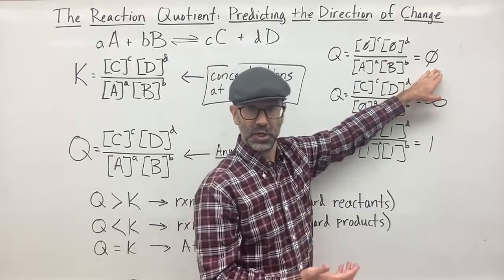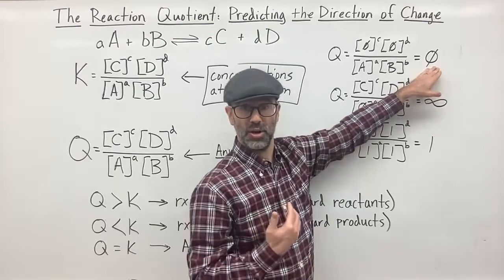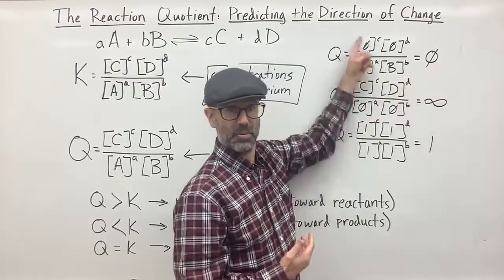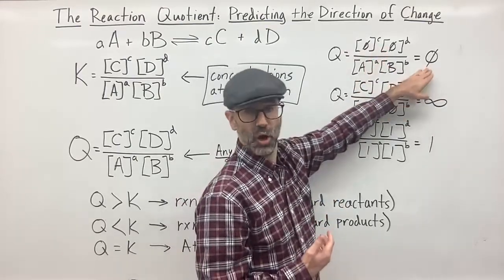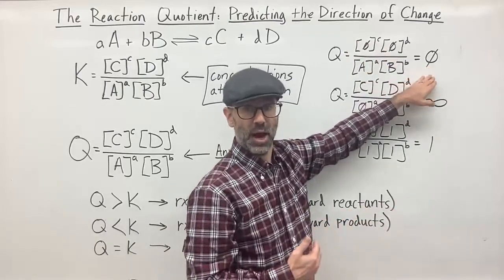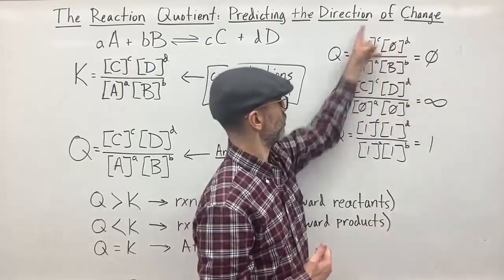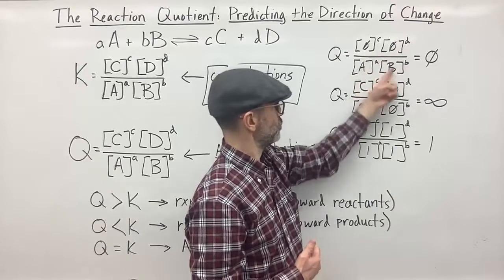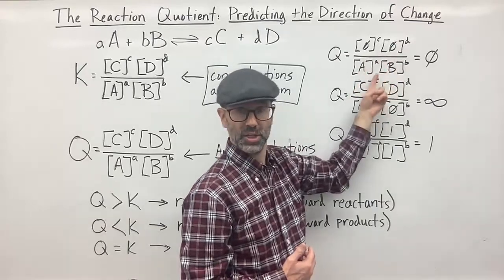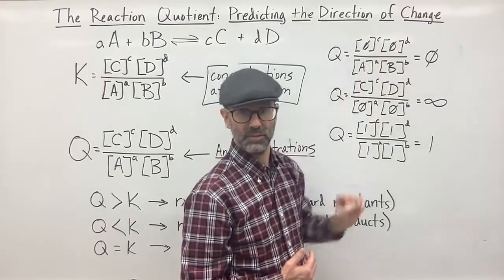In order to reach equilibrium, you're going to have to create product, so you can only get a positive value. You're going to increase product and, in so doing, decrease your reactant.